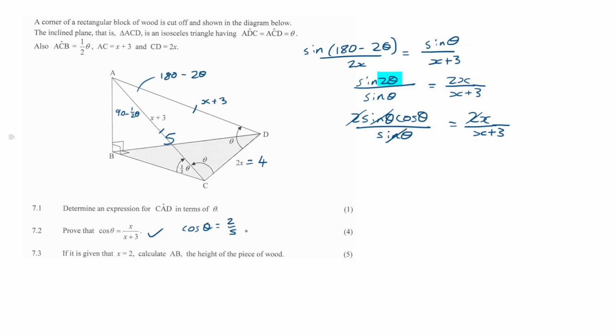And so what's buzzing through my mind at this stage is that if I wanted theta, which I think I will want, because I'm going to try get into this triangle to get AB, I'm going to shift cos 2 over 5, and that gives me my theta value of 66.42.